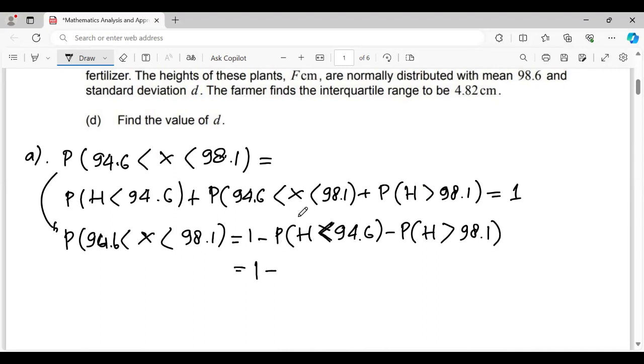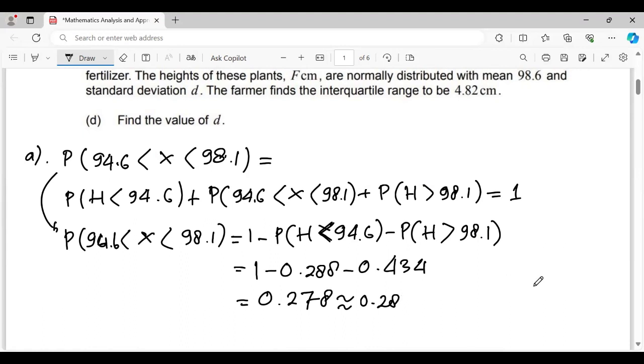So 1 minus 0.288 minus 0.434, and if you calculate it is 0.278, or approximately 0.28.